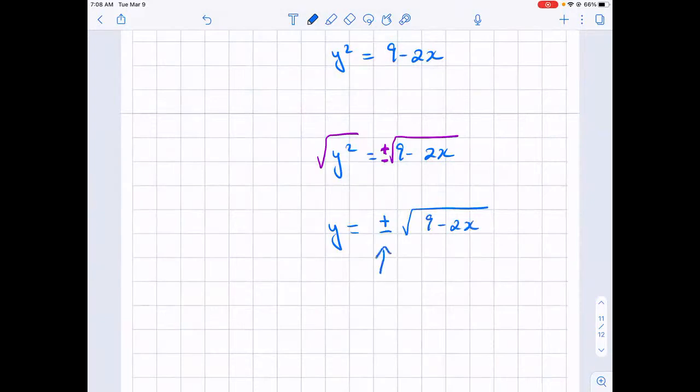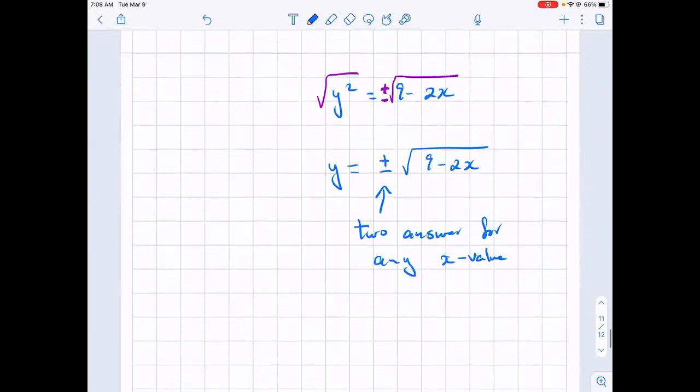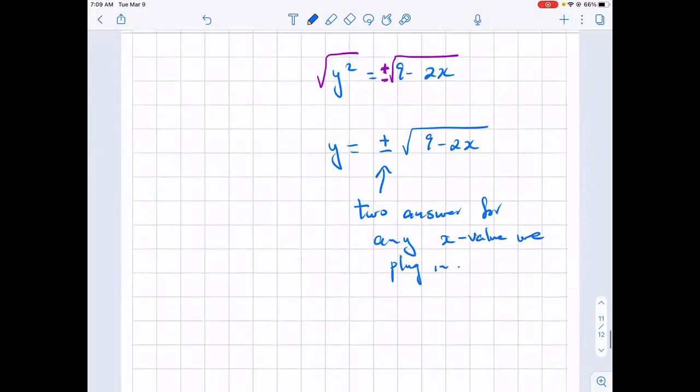So here we'll have two answers for any x value we plug in. Okay?